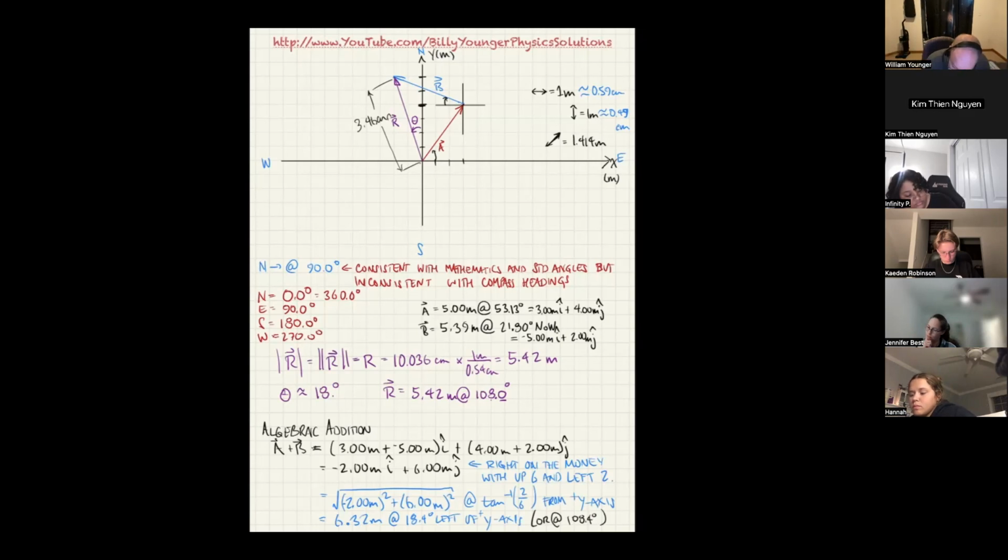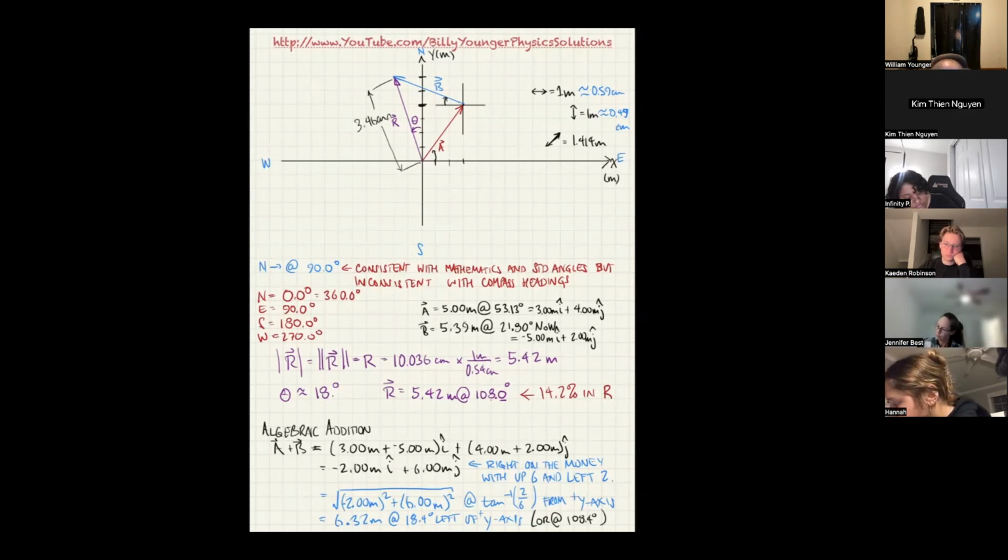So this is 14.2% error in R, and I'll say 108.4 minus 108 flat is equal to 0.4, and divide that by 108.4, and that gives me 0.36% in the direction.